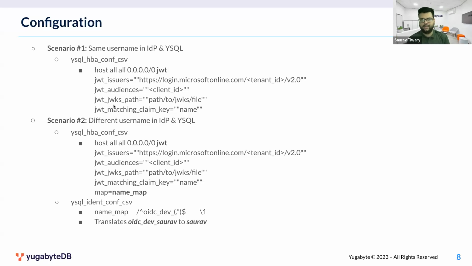And that is called a key. It's usually more than one key, so that's why this is called a JWKS, which stands for JSON Web Key Set. The expectation is that you'll take the key, paste it into a file, and then provide the key path here.